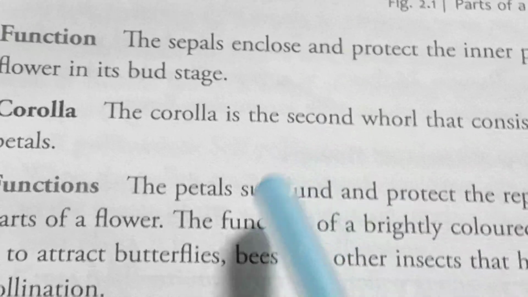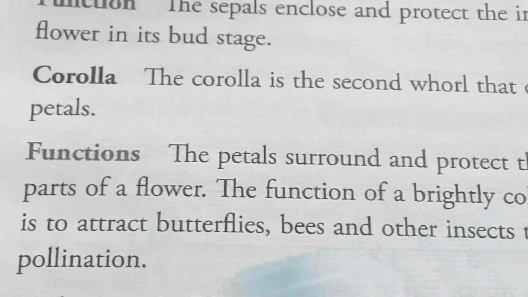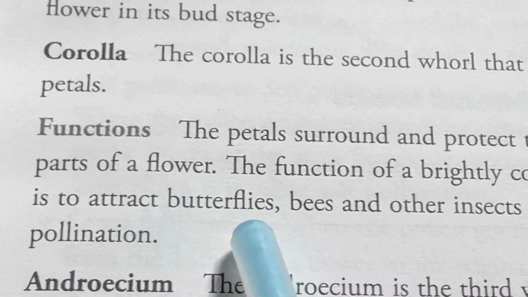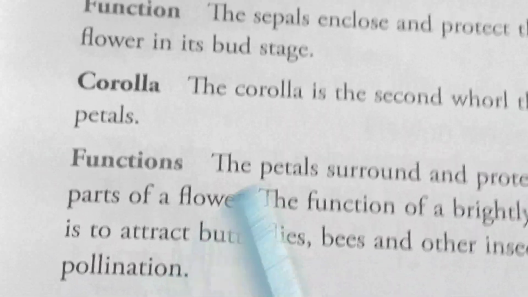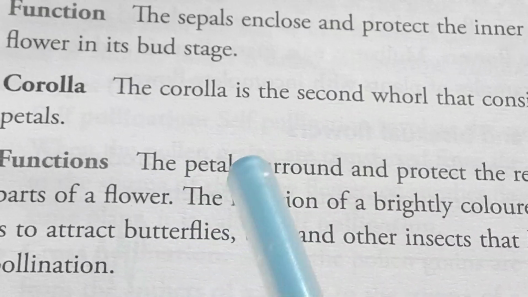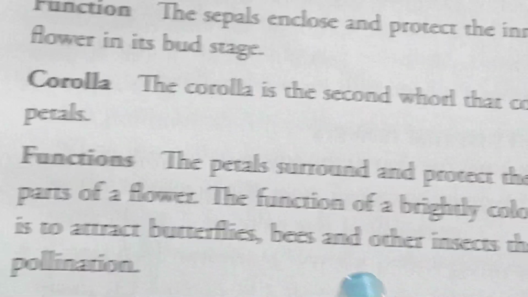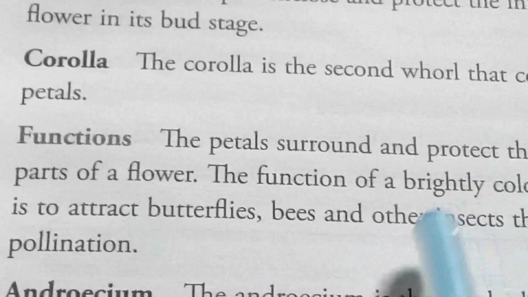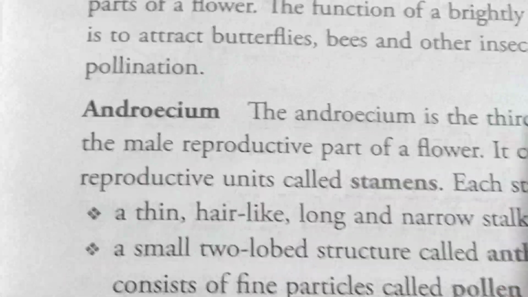Petals help to protect the inner reproductive part of the flower. The function of a brightly colored corolla is to attract butterflies, bees, and other insects that help in pollination. So the main function of petals is to protect the inner reproductive part of the flower, and also to attract insects for pollination.